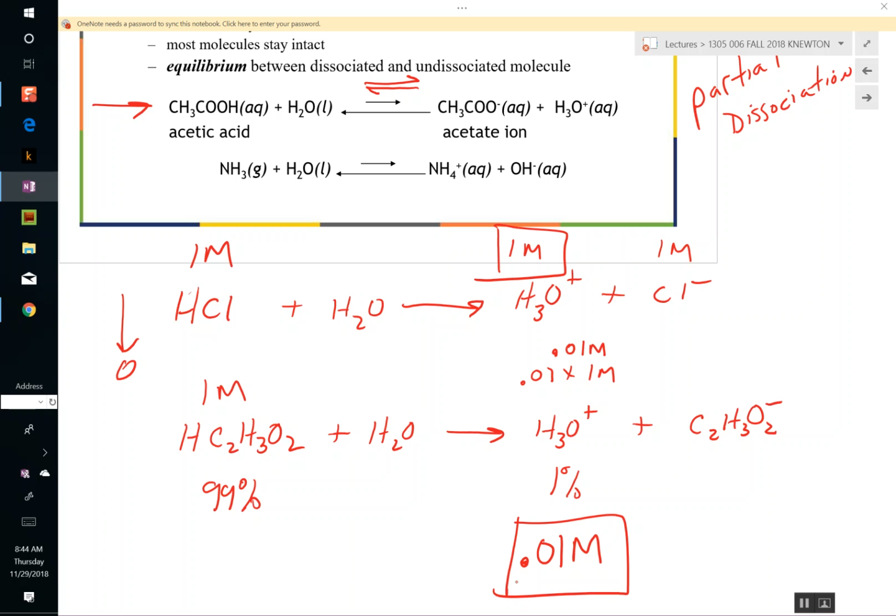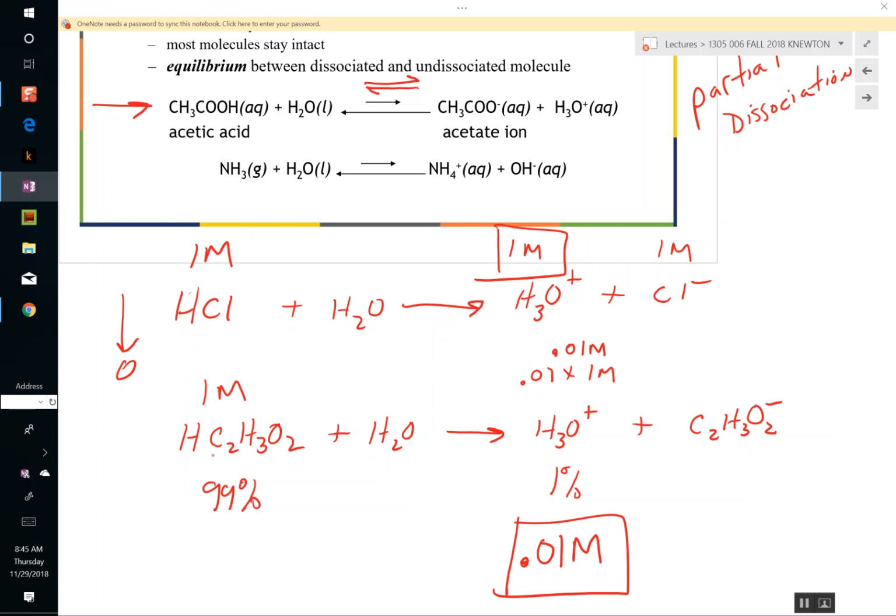So your stomach can handle what your esophagus can't handle, or your mouth or your tongue. But your tongue and esophagus and everything can handle vinegar. Why? Because it doesn't dissociate and is a weak acid. We'll see what the pH of vinegar is. It's like 3.5. pH of HCl is 1.